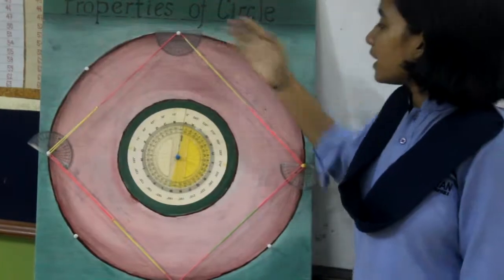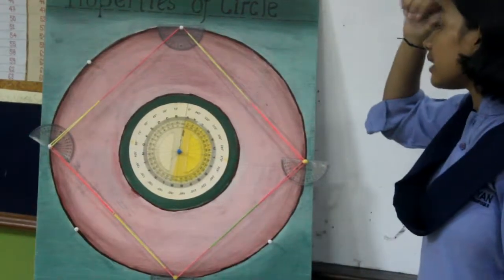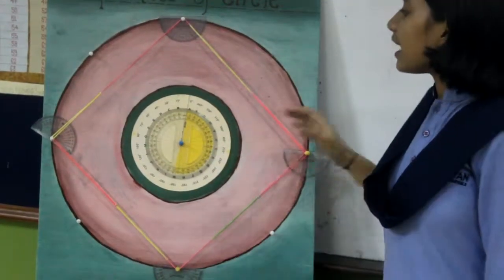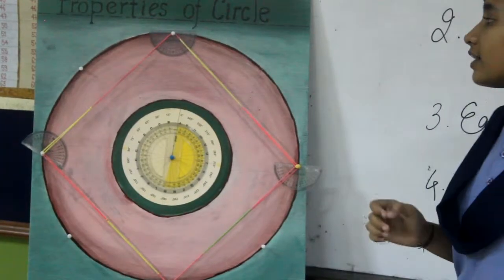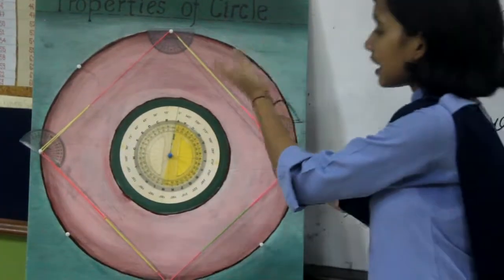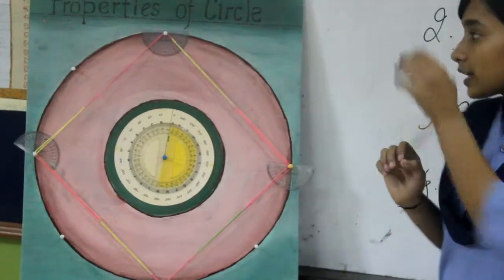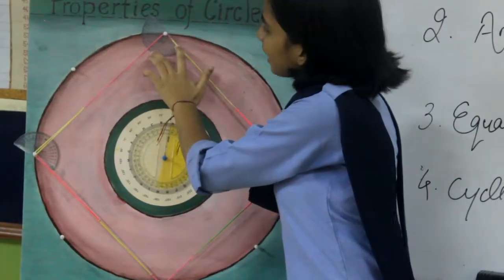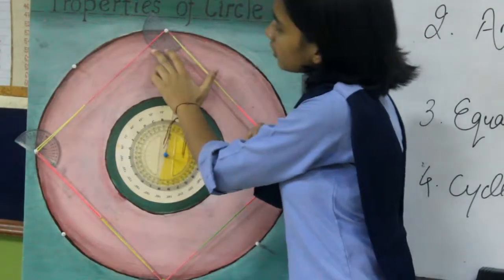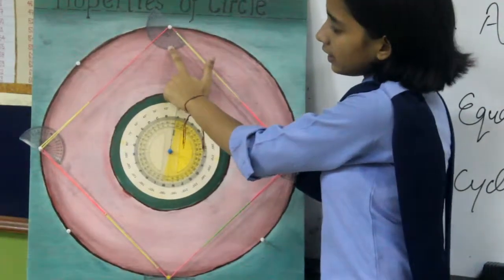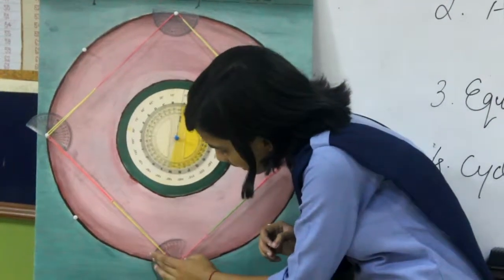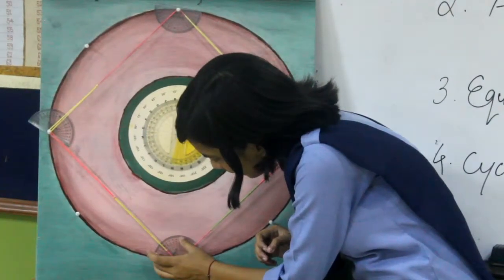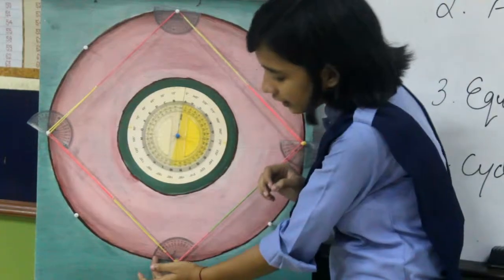So a very basic property of this cyclic quadrilateral is that the sum of the opposite angles of a cyclic quadrilateral sums up to 180 degrees. So we measure this angle of this cyclic quadrilateral, it shows around 90 degrees, and this one is also measuring around 90 degrees only.